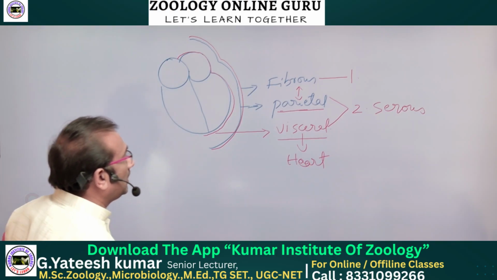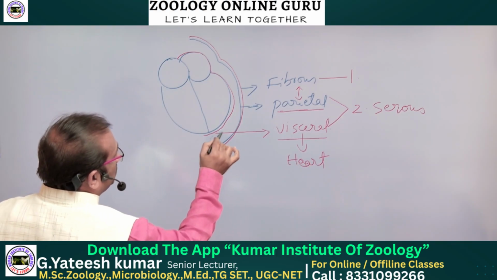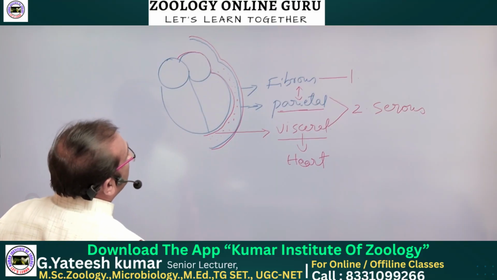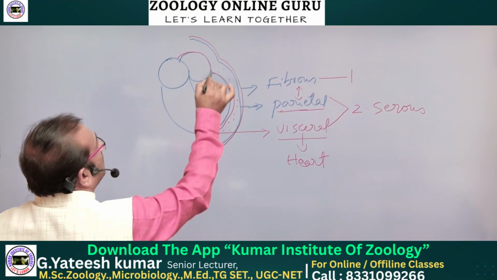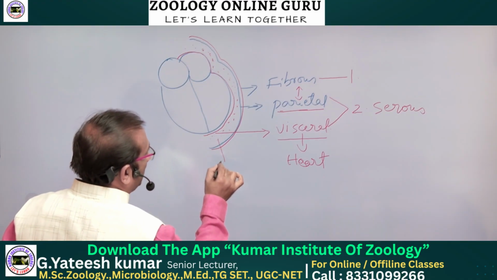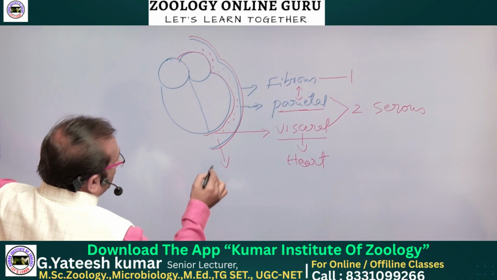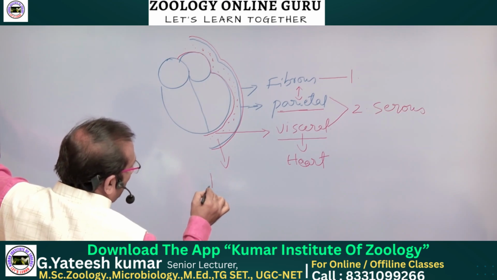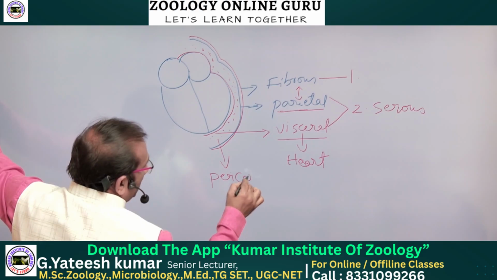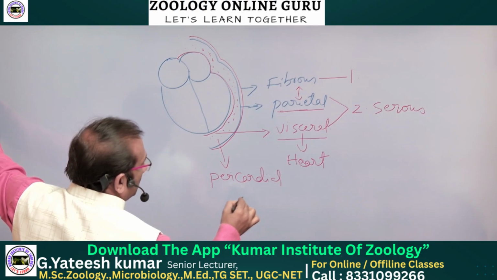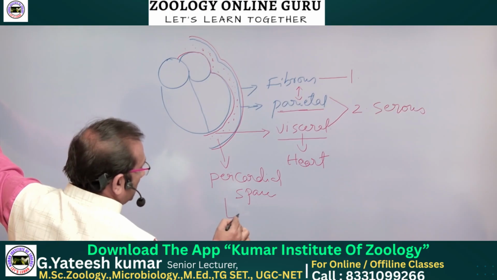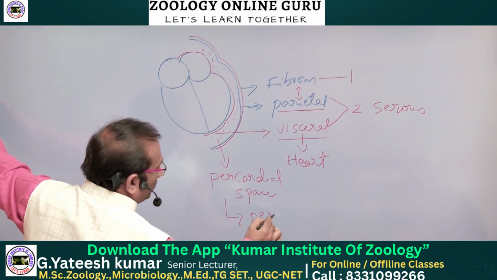The gap between these 2 layers is the pericardial space, and the liquid present in this space is called pericardial fluid. The pericardial space is filled with pericardial fluid.